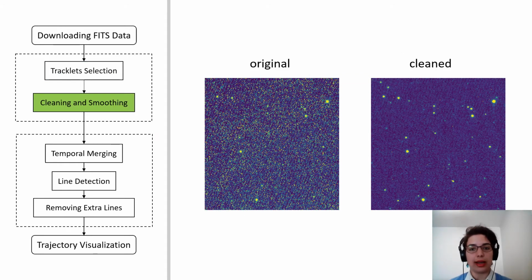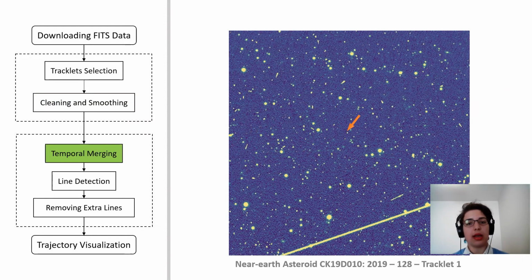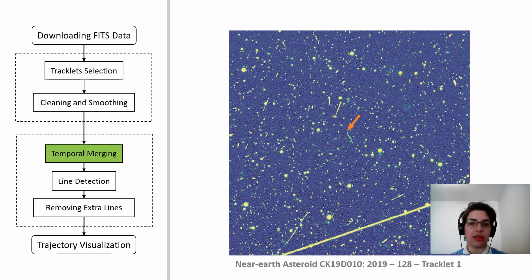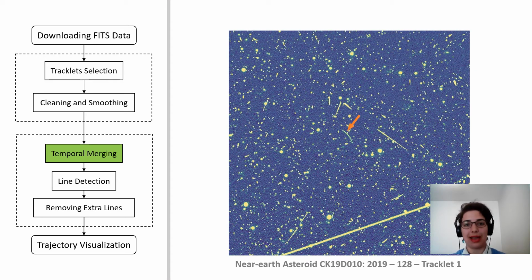After choosing a tracklet, we cleaned images in two steps. First, we eliminated the systematic errors, and then we removed some noises from the images. Then we merged all the images that existed in one tracklet. As you can see around the middle of the image, the asteroid path is visible in the resulting merged image.